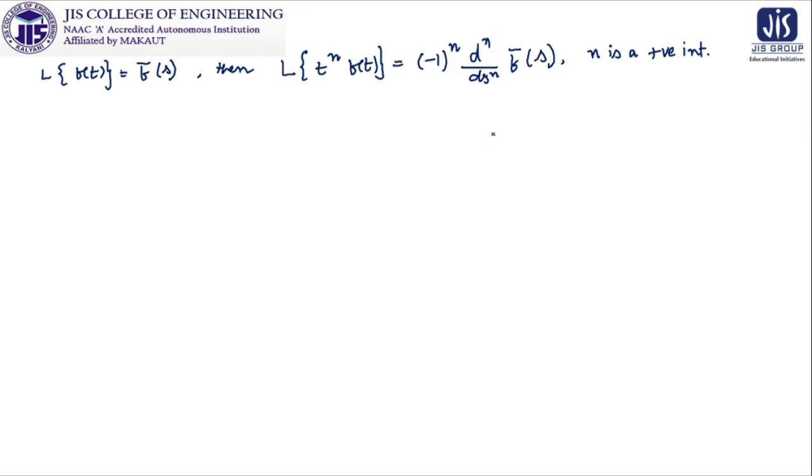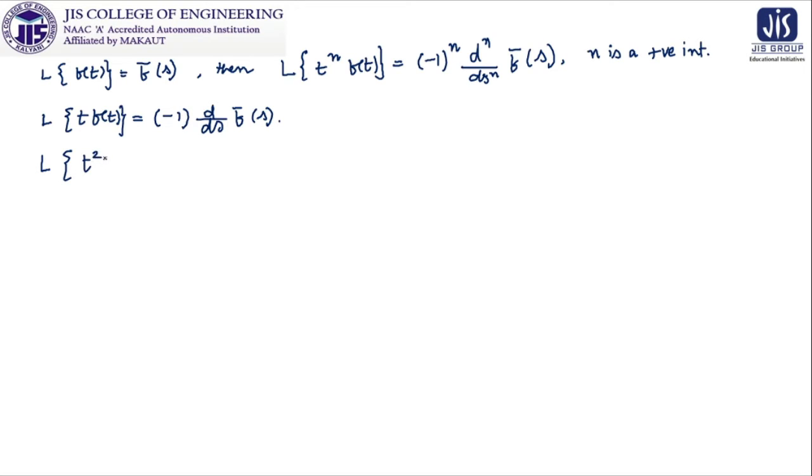So now we can generate the Laplace transform of t f(t) from this formula, and it is going to be minus 1 d/ds of f bar s. So it is very easy: if f bar s is known to us, we can just differentiate it and multiply it by minus 1 to get the result.